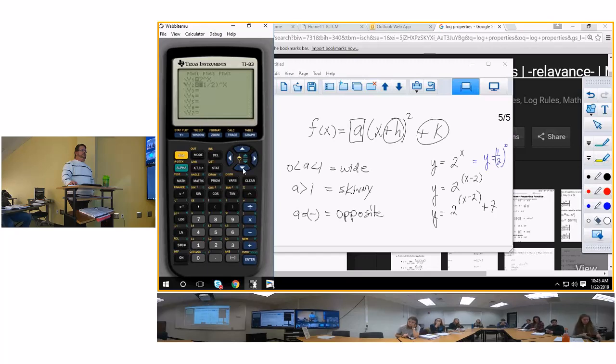Delete, delete, delete. Insert 2. And change this parentheses to the what? 1/2 power. There we go. My bad. 1 divided by 2, close parentheses, to the x power. That should do it right there. Now we can do graph. That should be the same graph.